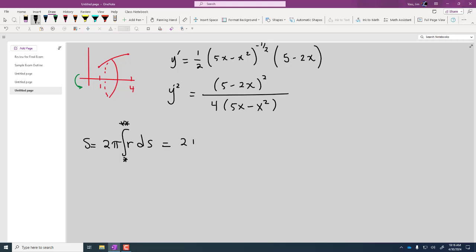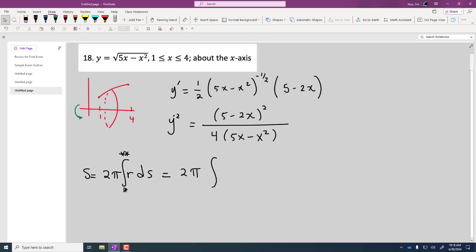Okay, so for us, we have 2 pi r, where r is this distance right there. All right, it's like a disk. That r is just given by the y value, the function. So the function is square root of 5x minus x squared. There's our function, that's r.